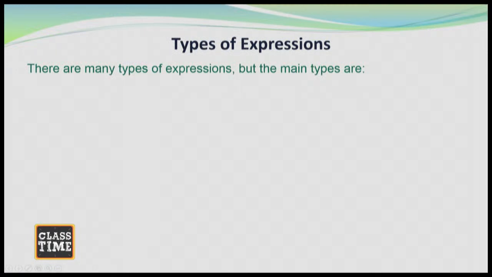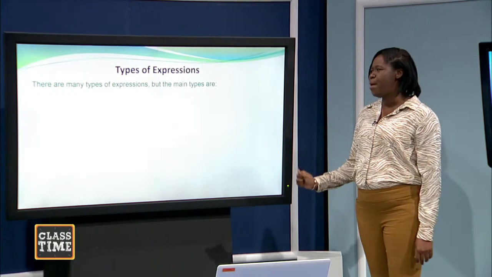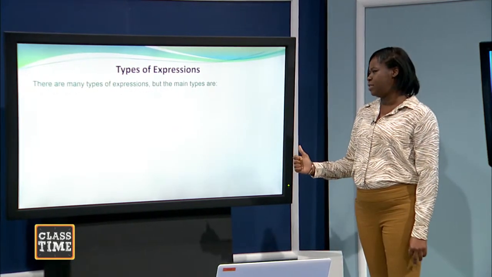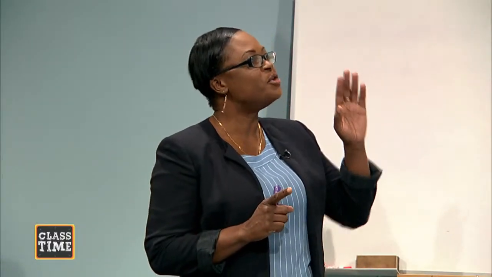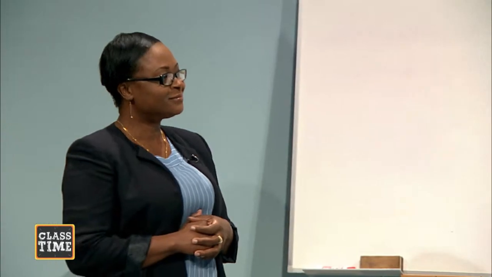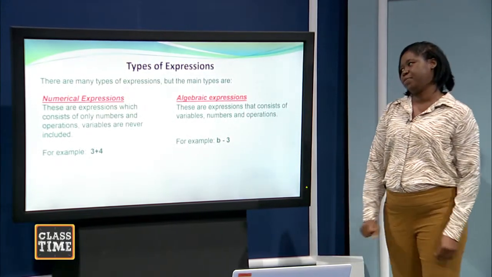So, Miss Bailey, there are different types of expressions. Do you remember the different types, or basically the main types? Well, if my memory serves me right, there are numerical expressions and algebraic expressions. Yes. Good.